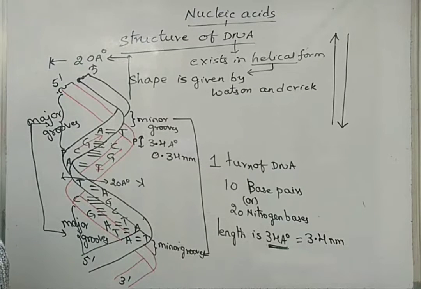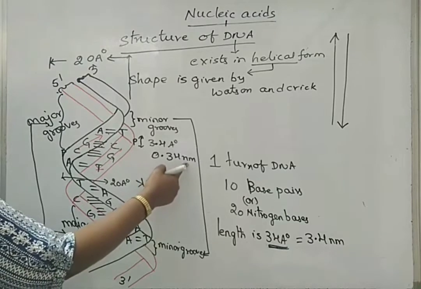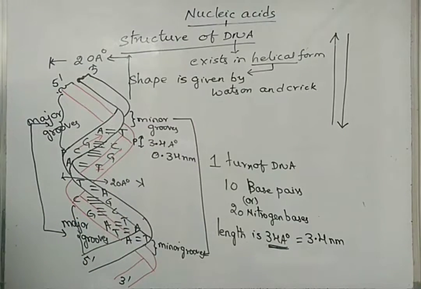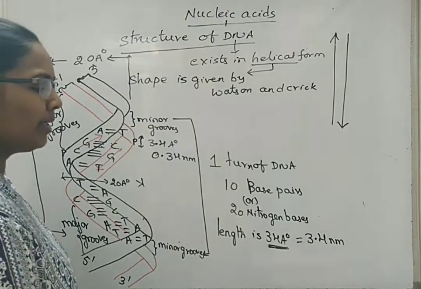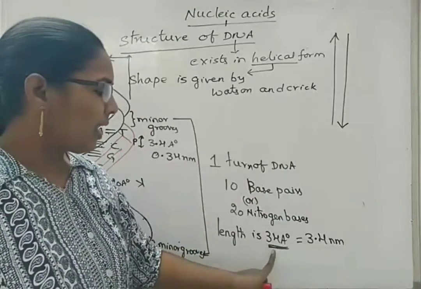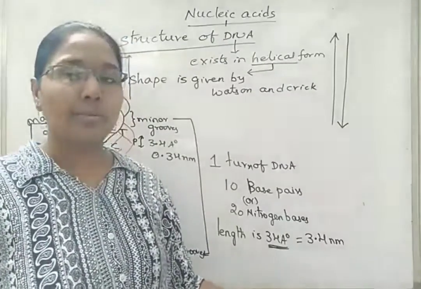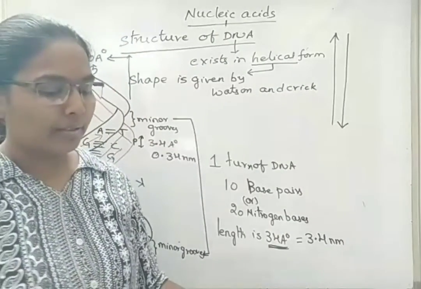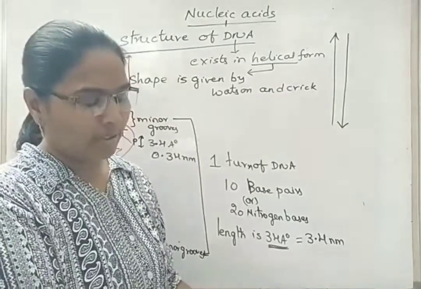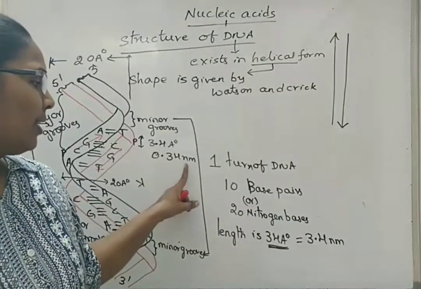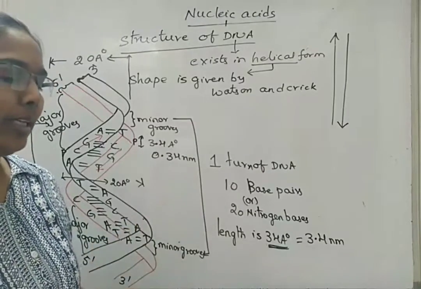Because sometimes while the questions are being framed, the units are changed from angstroms to nanometers. Still we need to remember that 34 angstroms or 3.4 nanometers, the value is the same. 3.4 angstroms or 0.34 nanometers, the value is the same.